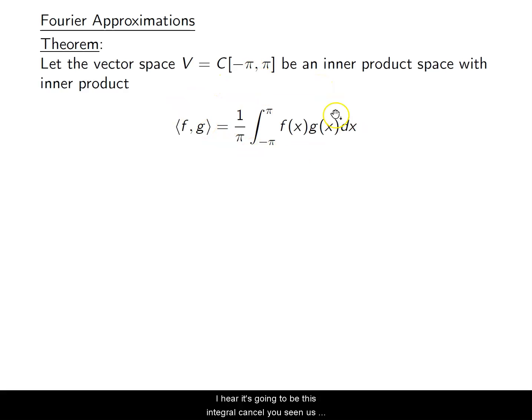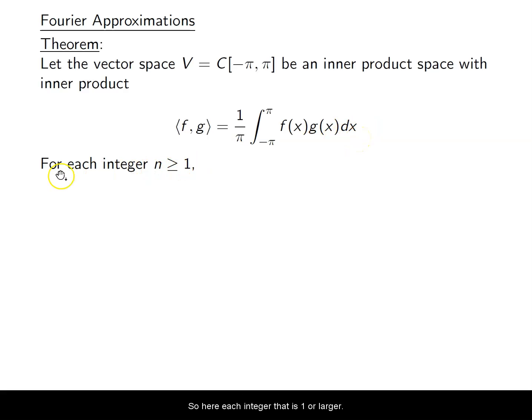Okay, so you've seen us use this quite a bit already. And again, the reason for that is because it's an important integral. It's very, very important in applications. Okay, so our inner product here from f to g is given by 1 over pi from -pi to pi of f of x times g of x integrated with respect to x.